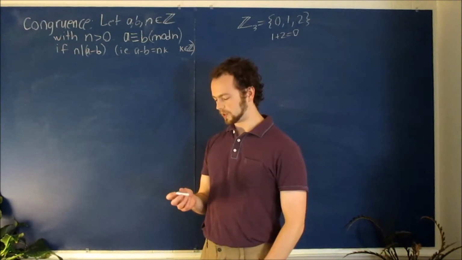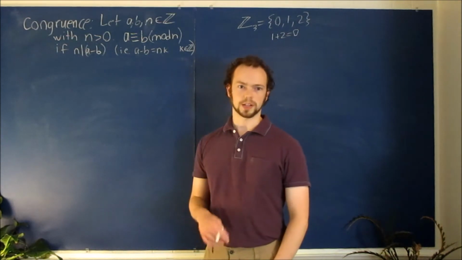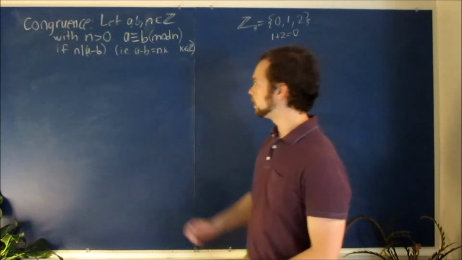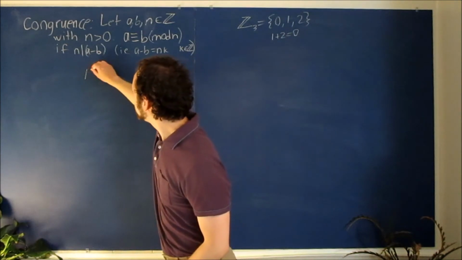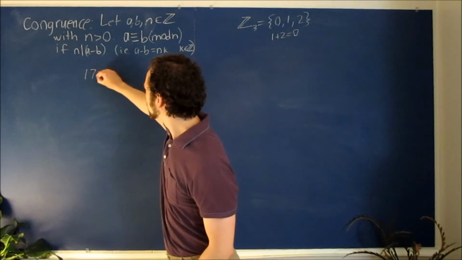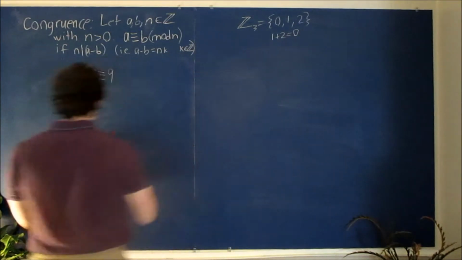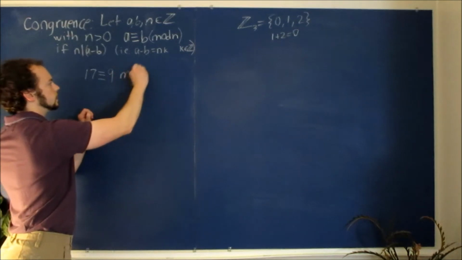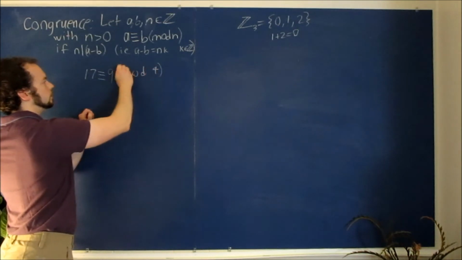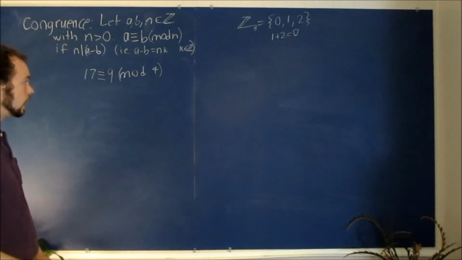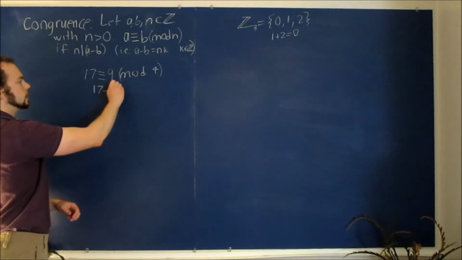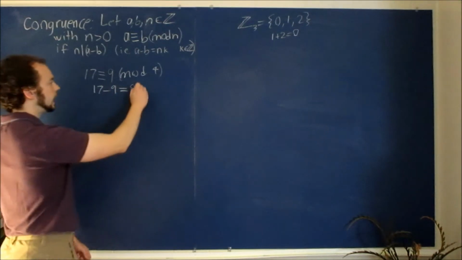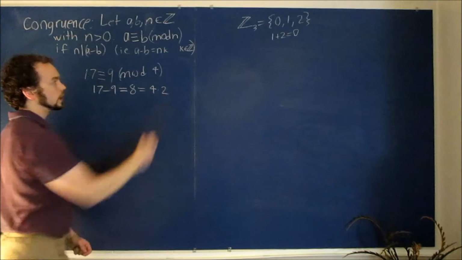Now, this definition is a bit strange at first, and it can take some time to get used to it. So let's just go through a few examples. Let's start off with this one. 17 is congruent to 9 mod 4, because 17 minus 9 is equal to 8, and 8 is equal to 4 times 2.